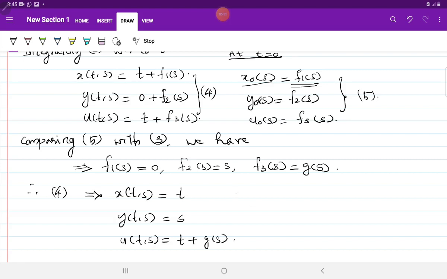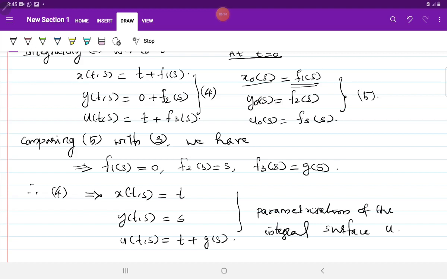So this is the parametric representation, or parameterization, of the integral surface u.